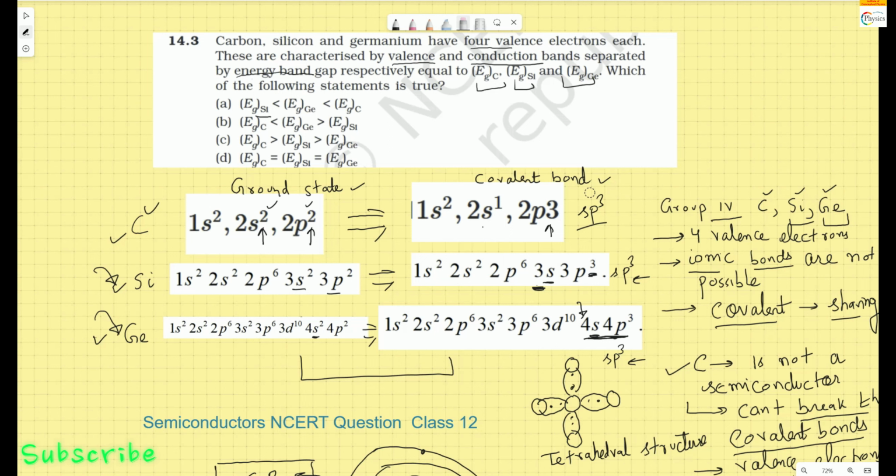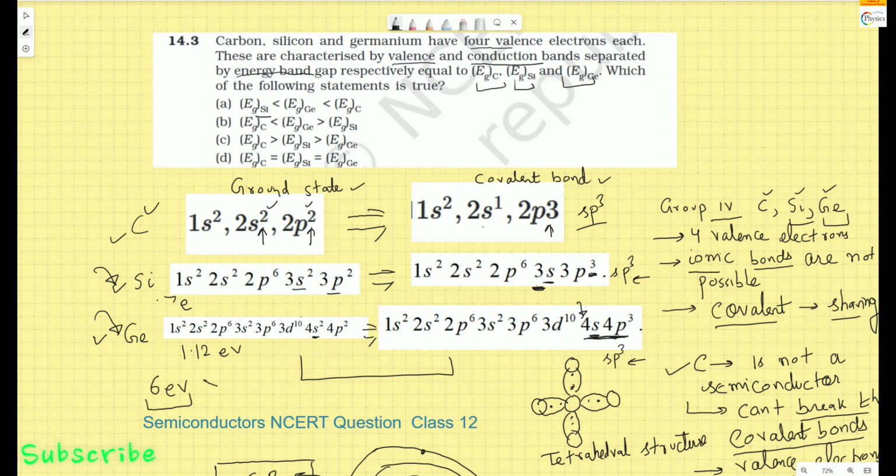So if you talk about the energy band gap, for silicon it is to the tune of 0.7 electron volt. And that for germanium is 1.12 electron volts. If I were to write the values in ascending order, carbon is 6 electron volts, practically an insulator.